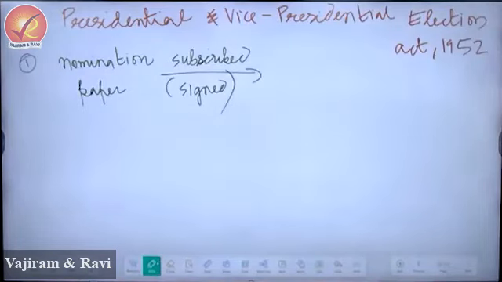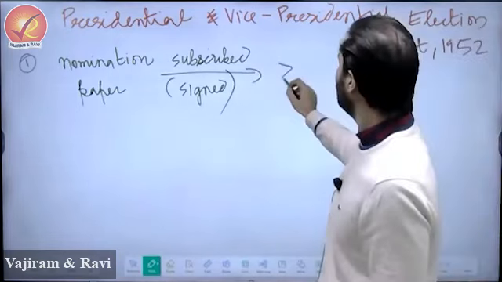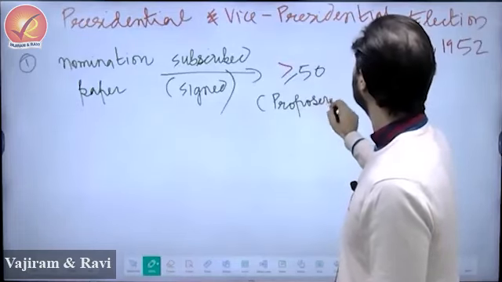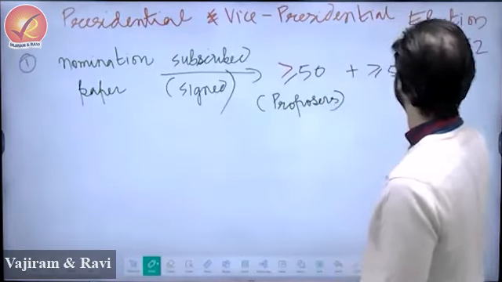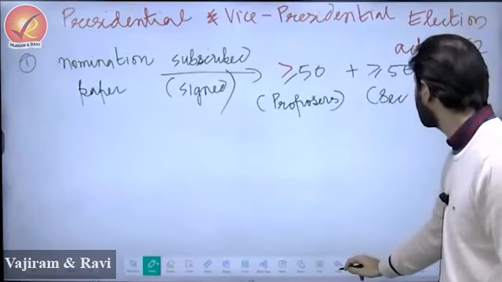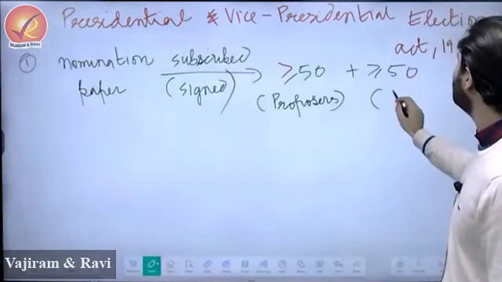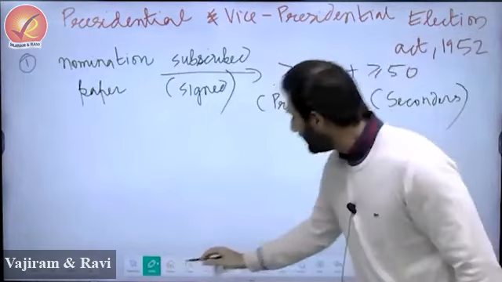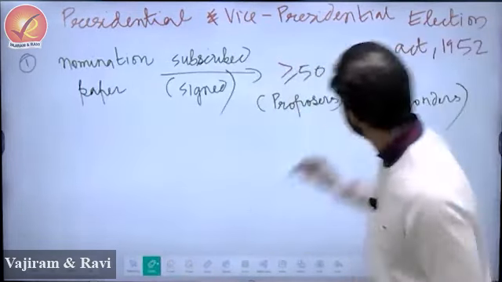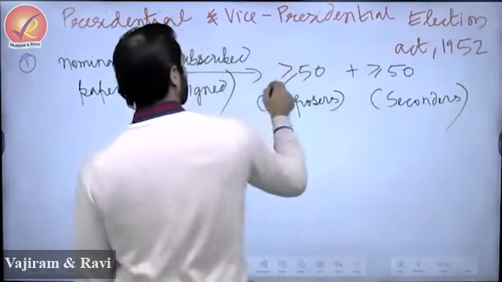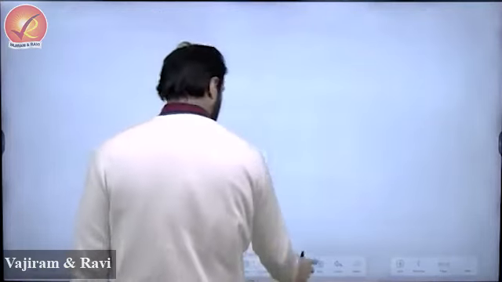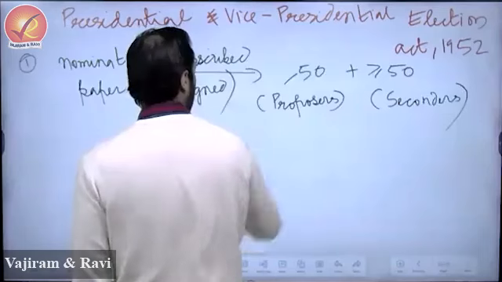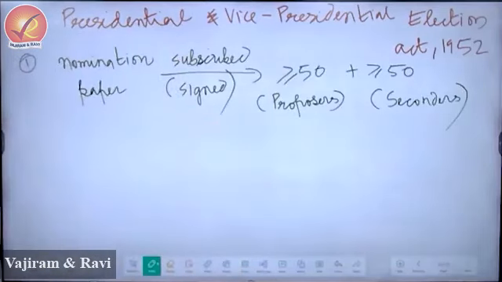Subscribed, signed by at least 50 electors as proposers and at least 50 as seconders. At least 50 as seconders.